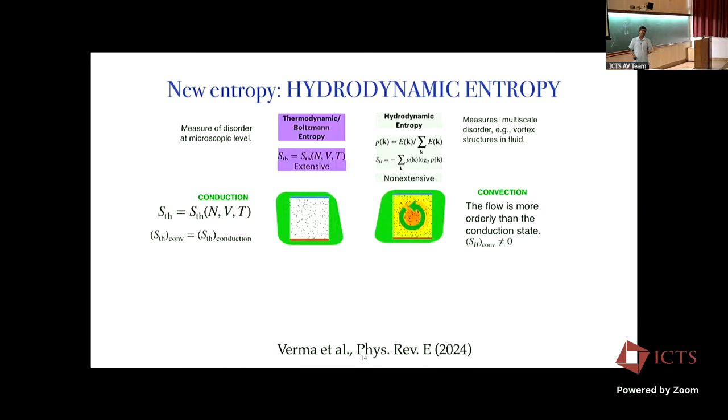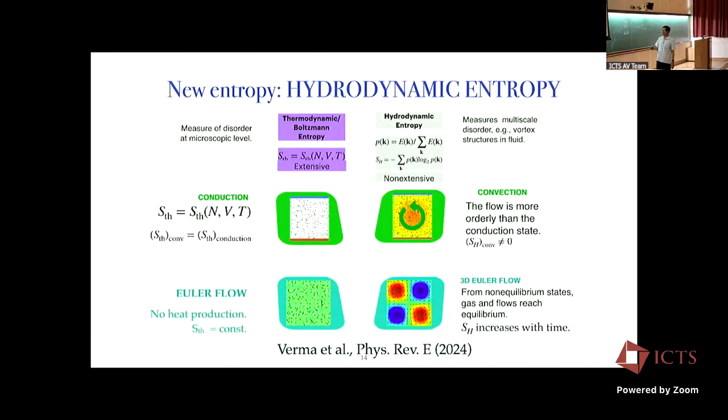I need a formula, so you can interpret it as a probability if you like. Then I use minus P_k log P_k, and that is my hydrodynamic entropy. Deepak objected, saying don't use the word entropy for it, but I can call it some other name. It's a measure of order: low entropy means high order, and disorder will be more. We did compute it for Euler flow, and I'm going to show the Euler result on the next slide.